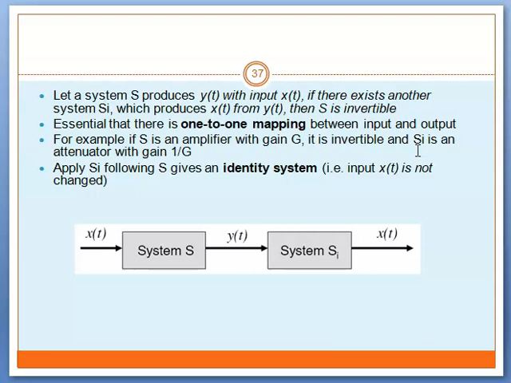For example, if S is an amplifier with gain G, it is invertible, and Si is an attenuator with gain 1 over G. You are going to call the system invertible only if you have an attenuator system with a gain of 1 over G. Then only will you get back the exact incoming signal.